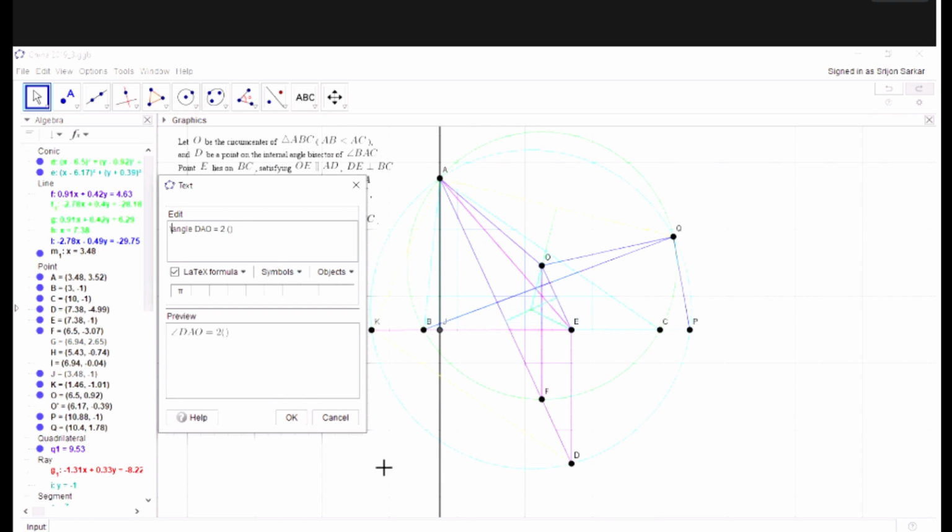Sorry, my screen hanged. One second. I have a question. Has anyone drawn the entire diagram? If anyone has, you can tell him. No. Okay, sorry.